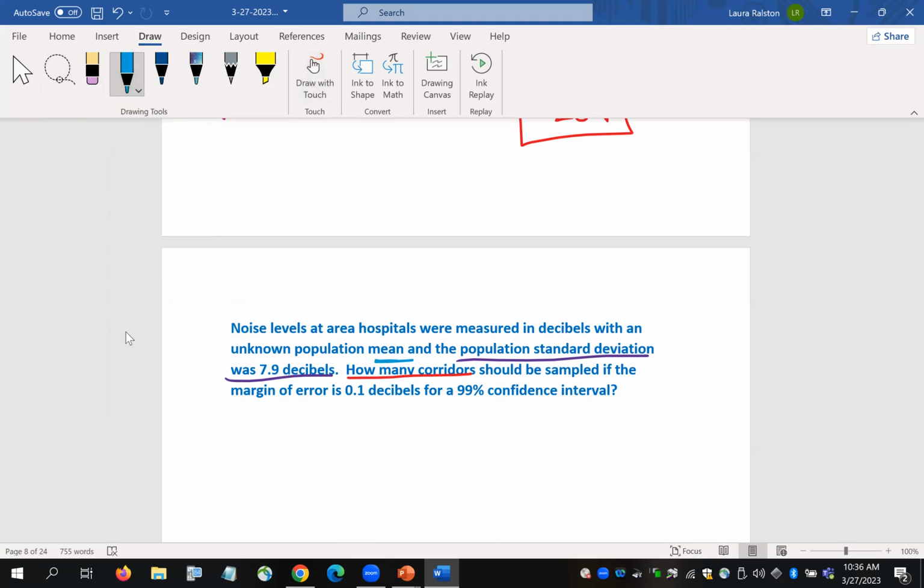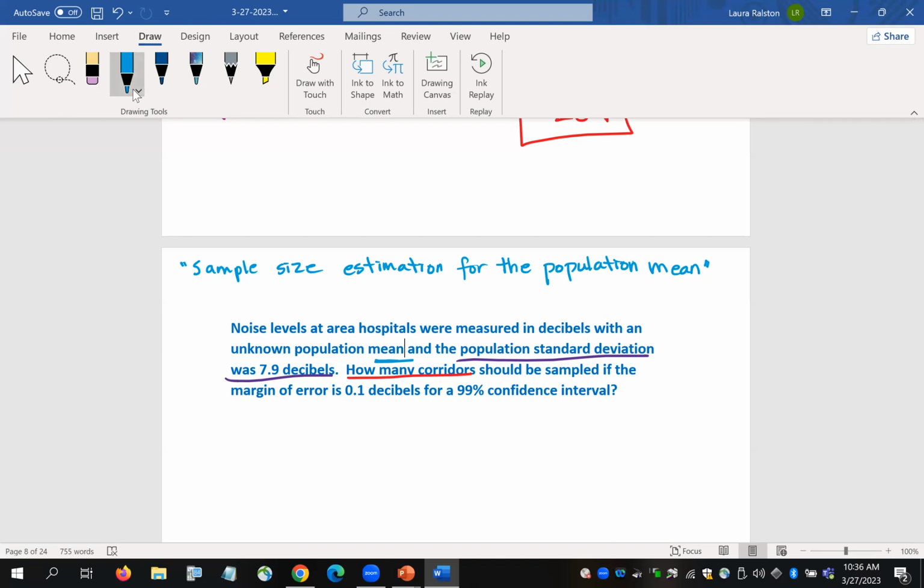I need to know those three things because this tells me that this problem is a sample size estimation for the population mean.